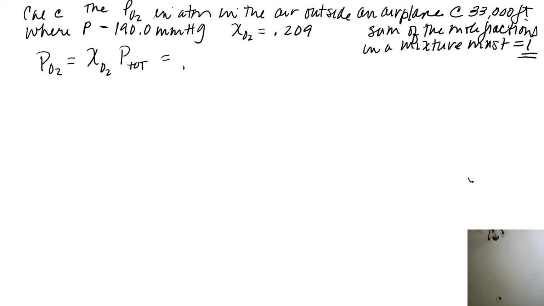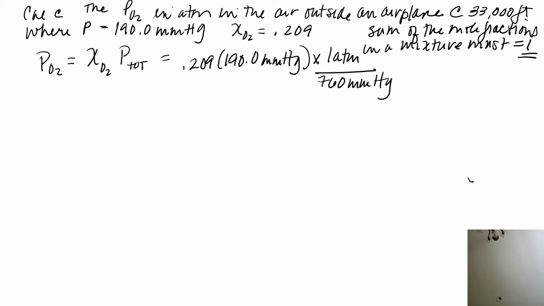So this is 0.209 times 190 millimeters of mercury. We were asked to report this in atmospheres, so we are going to multiply that by 1 ATM over 760 millimeters of mercury. So P of O2 equals 0.0523 ATM.